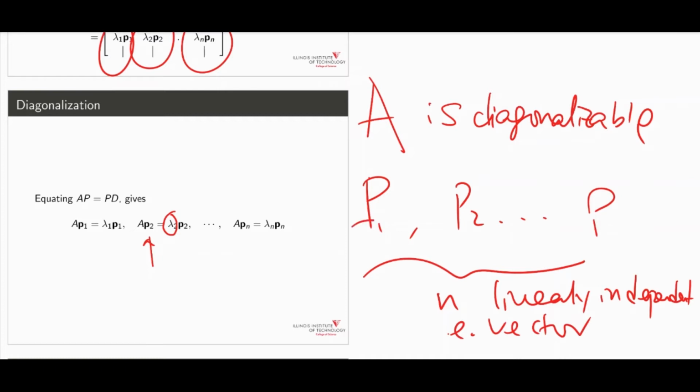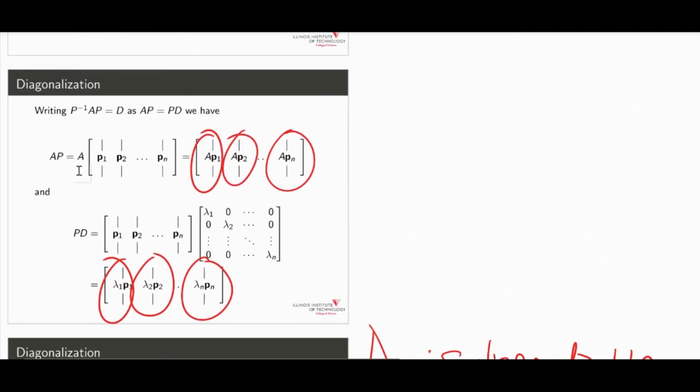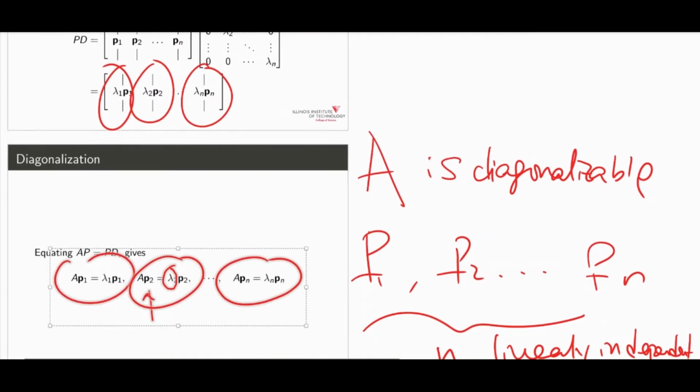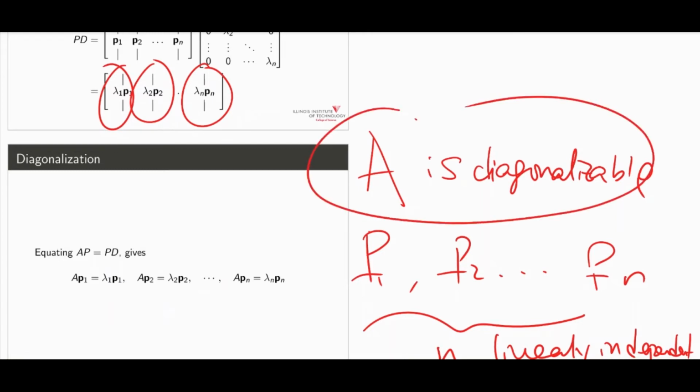All right, so we actually found n eigenvectors, but how do you know they are linearly independent? From this computation, we have shown that we managed to find n eigenvectors if A is diagonalizable. But how do you know they're all linearly independent?